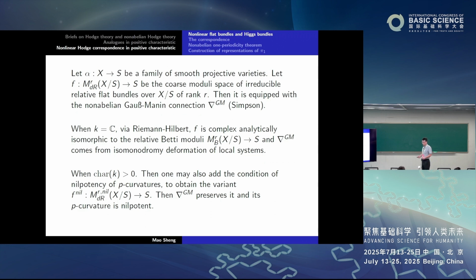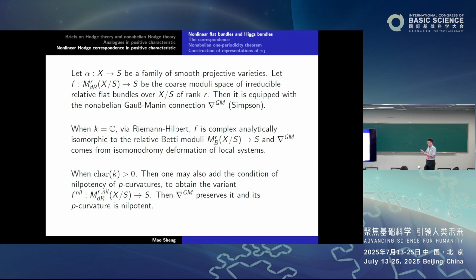Gauss-Manin connection has a purely topological interpretation via the so-called isomonodromic deformation. Topologically, X over S is really a fiber bundle, so you can identify any two closed fibers topologically, and in particular their pi 1 can be identified. So if you have a representation of pi 1 of one fiber, through this identification you get a representation of the nearby fiber.